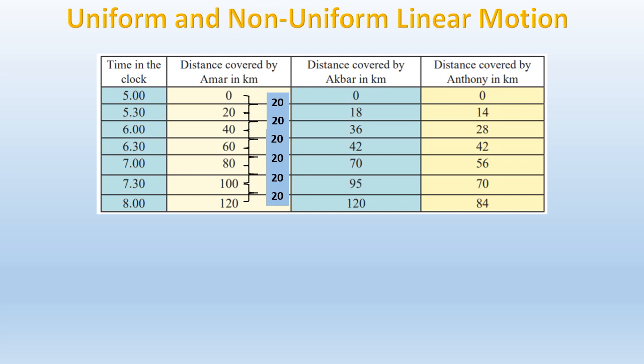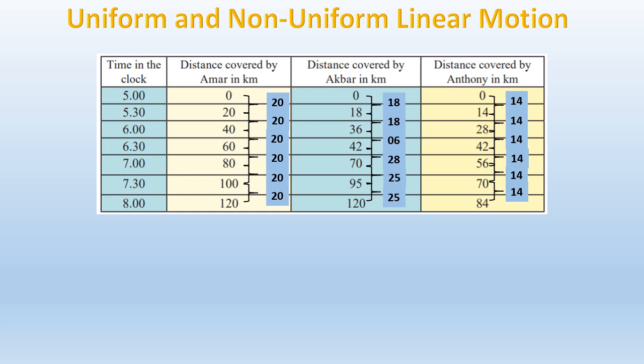The distance covered by Akbar is not equal in every time interval, while the distance covered by Anthony is the same in each time interval and it is 14 kilometers.